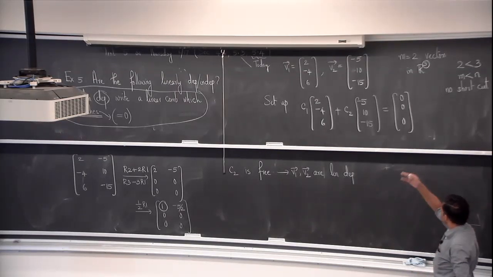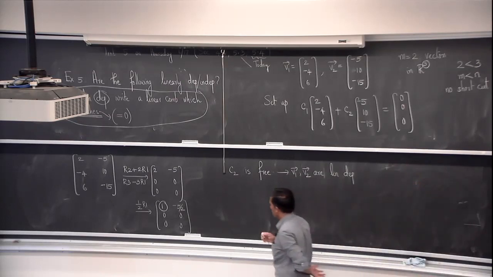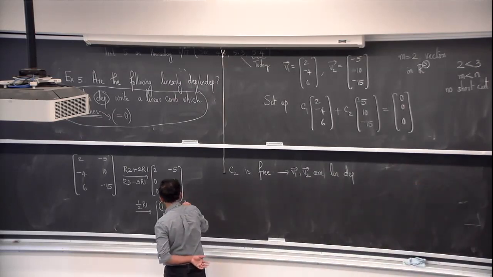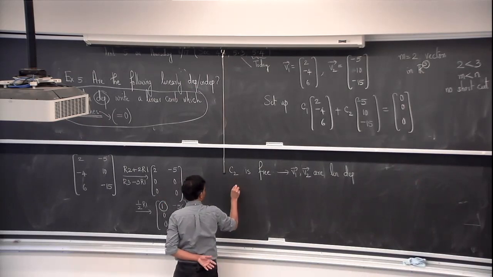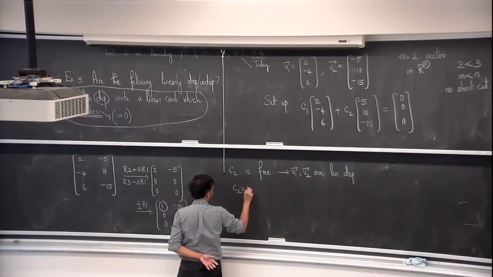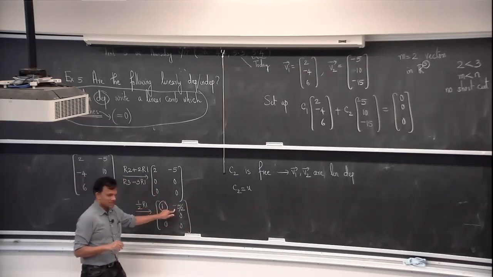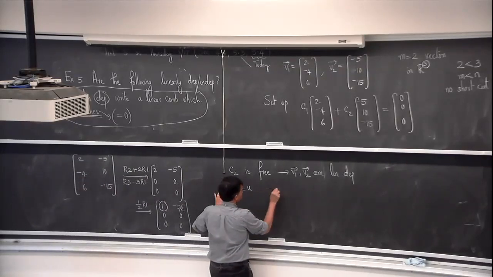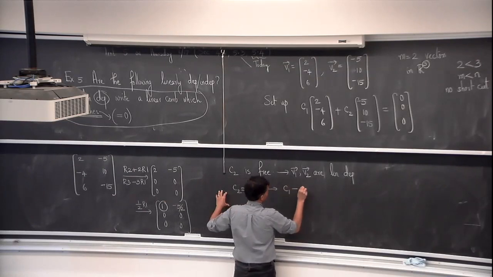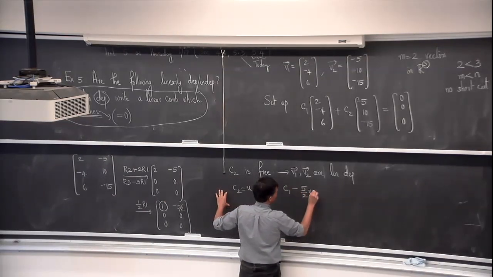Now the question is, okay, then what is the relationship between those vectors? Well, make use of this. So this gives you, let's call C2 as U, or whatever letter you want to use, because it's a free variable. So you have C1 minus 5/2 C2, which is minus 5/2 times U, equal to 0.